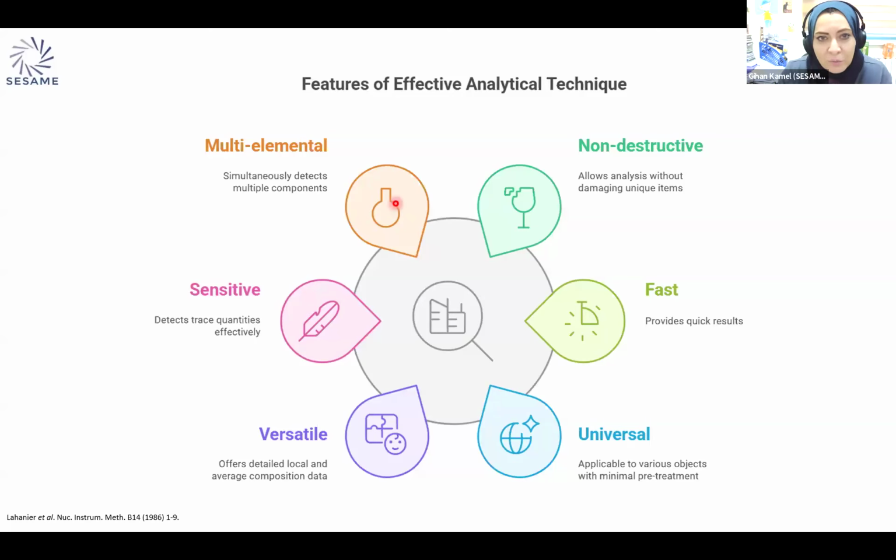So it depends on what kind of information you're looking for, which proper technique you have to use. And what makes it always nice is that you can combine more than one technique together, because these techniques are complementary to each other. So you can do the same experiment on the same samples.